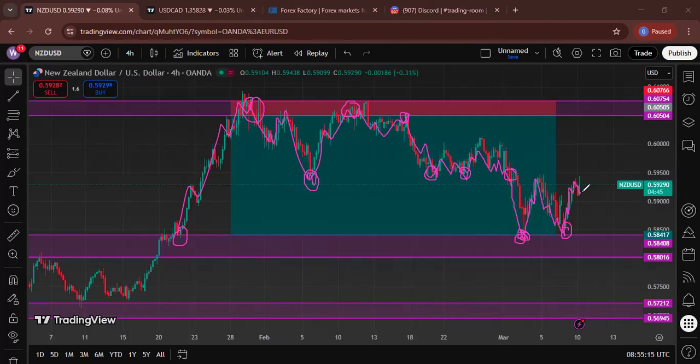So I'm anticipating a potential rally all the way to these areas of 0.60000 as the first area of interest, and the major range is all the way to these areas of 0.6500 for the full range to be filled. All right, so we have that for NZD/USD.